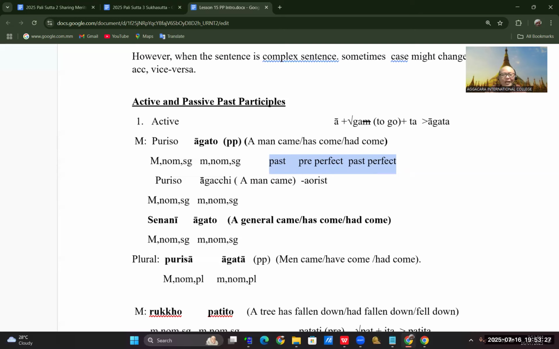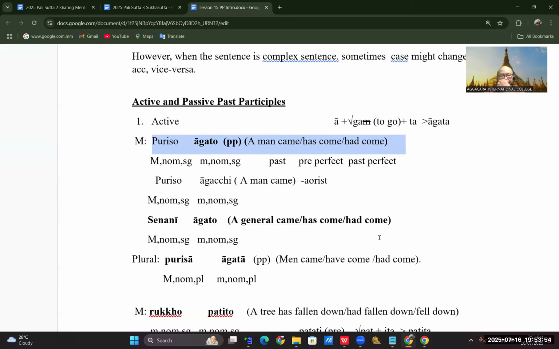Anyway, agachi is very clearly saying something has happened, so it's definitely past tense here. But agato can mean the man has come, and he can still be here. Compared to puriso agachi, which means the man came already, it's finished already. But agato means he might still be here. All right? So the option is a little bit bigger.